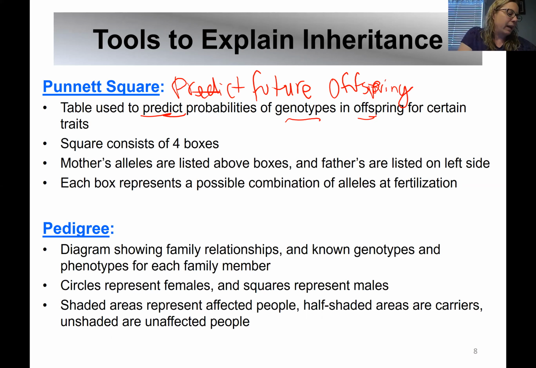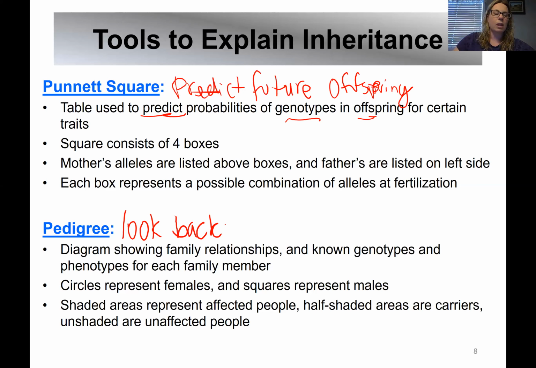A pedigree is going to look back at the family history. What did great-great-grandma have? Was she a cystic fibrosis person that's afflicted? Was she a carrier? Did she show signs of the disease?